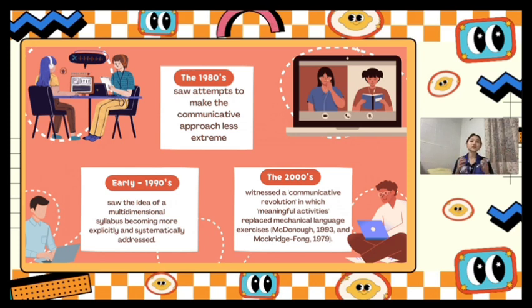McDonough and Shaw emphasized that this syllabus was designed to balance communicative goals with structured practice, ensuring that learners could use the language fluently while also understanding its formal rules. This shift opened up new possibilities for more holistic and effective language teaching, leading to a modern approach that integrates multiple teaching dimensions.